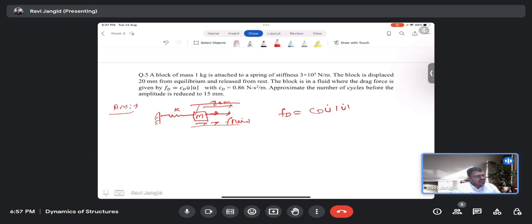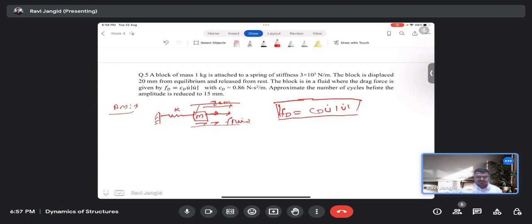So we need to find out the approximate number of cycles of dissipation before the amplitude is reduced to 50. The energy dissipated by this damper is given by this one. So we need to find the damping ratio. How can we find it?